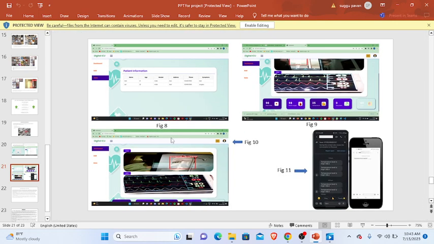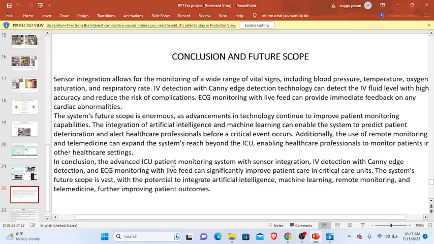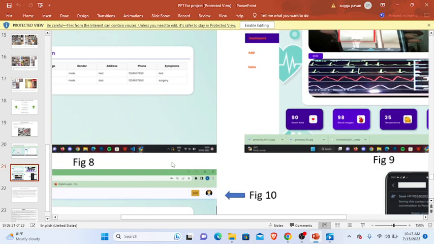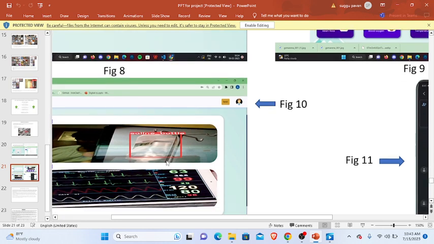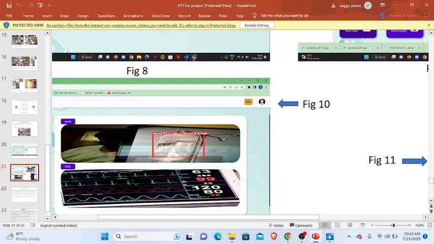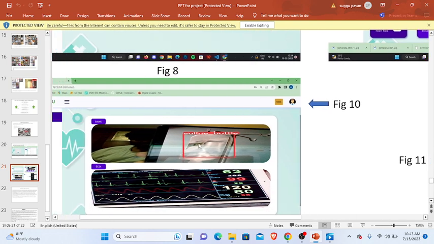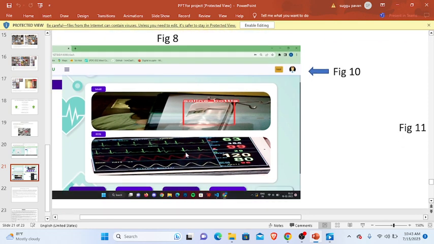Figures 9 and 10 represent our final project dashboards. In figure 10 you can see the IV saline bottle, where the saline level is shown, and the ECG was also live feeding.